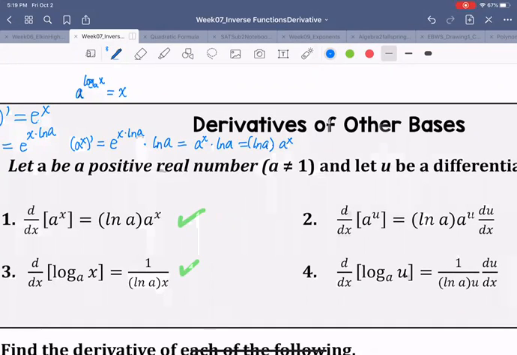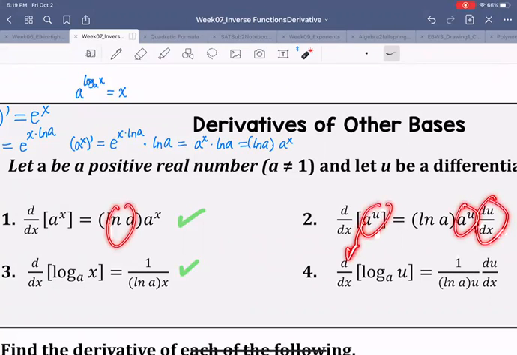Now, if you don't use x, but a to the power u, what's the difference? You are going to do the same thing as you do with the chain rule. You first take out ln a, and then a to the power u, and then du over dx, right?